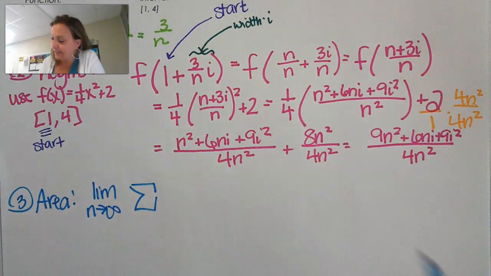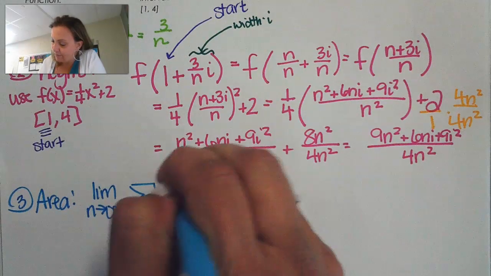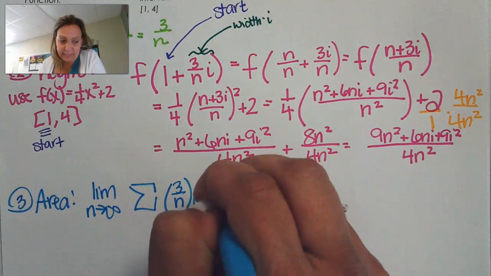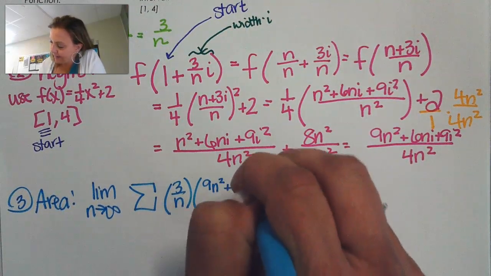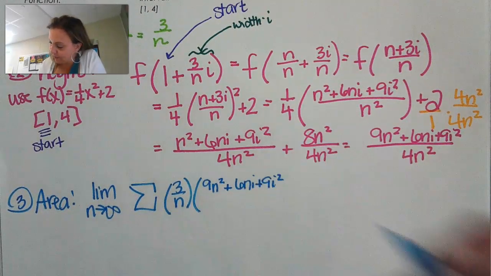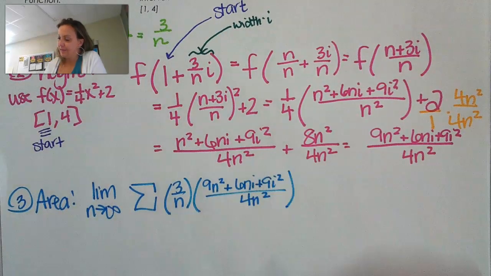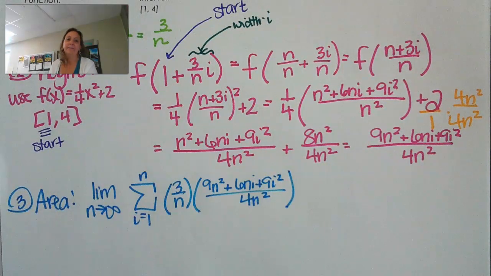And again, we're taking the sum of the width, which was this 3 over n, times the height, which is 9n squared plus 6ni plus 9i squared over 4n squared. And again, this is i going from 1 to n.